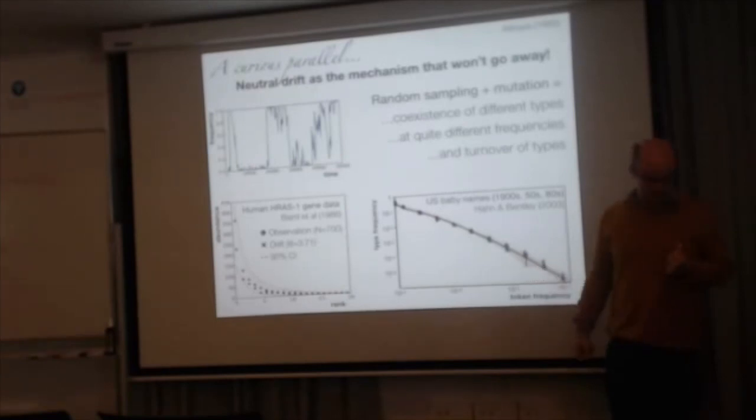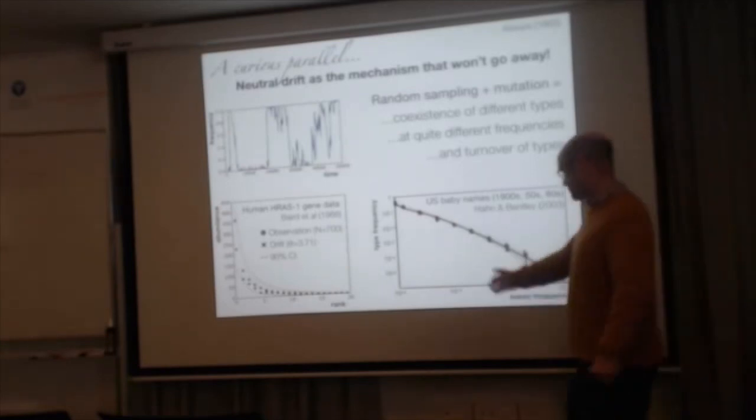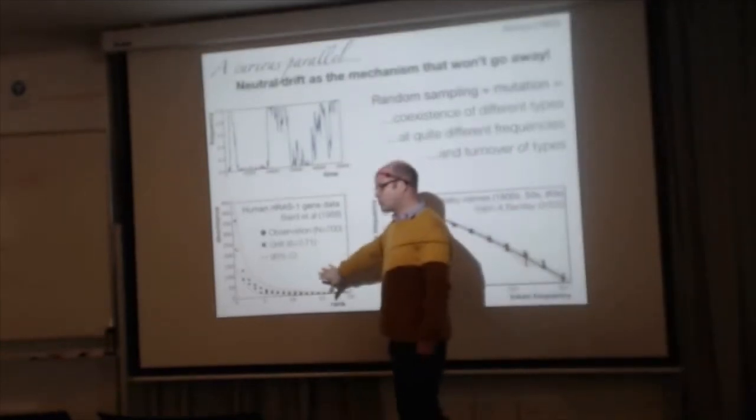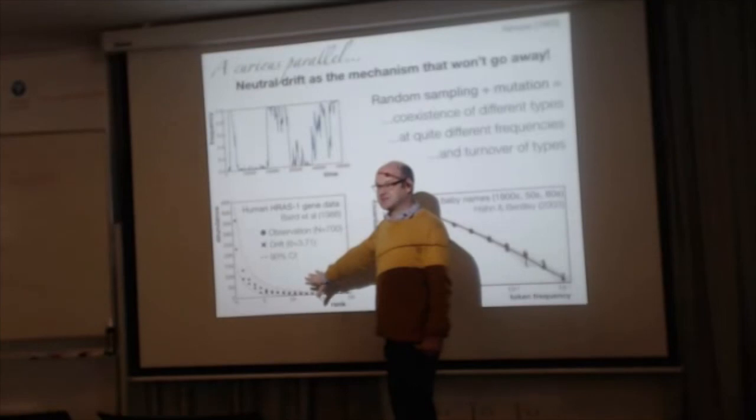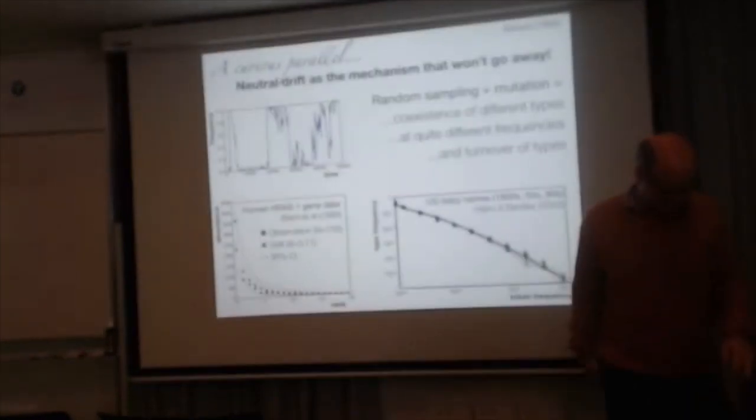And so what people have found through things like this is that it's actually quite hard then to disprove the drift hypothesis, because you can find that it well describes quite a lot of data.